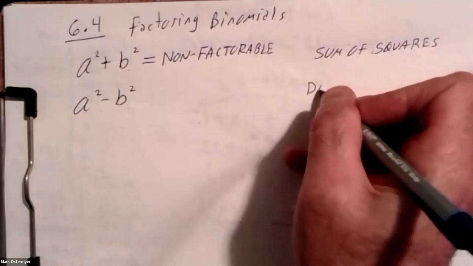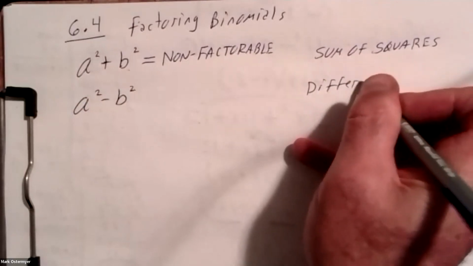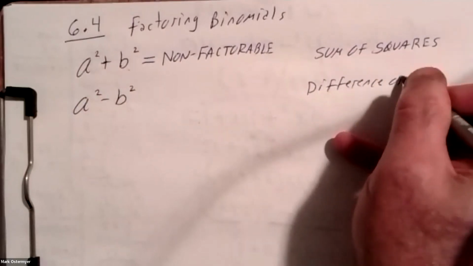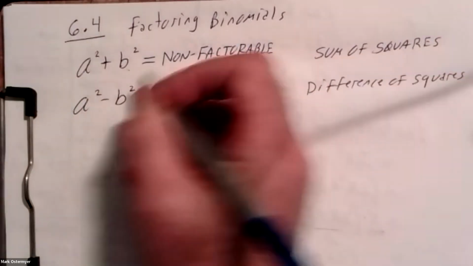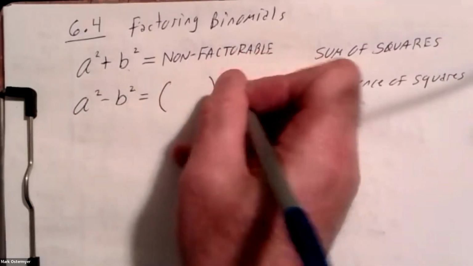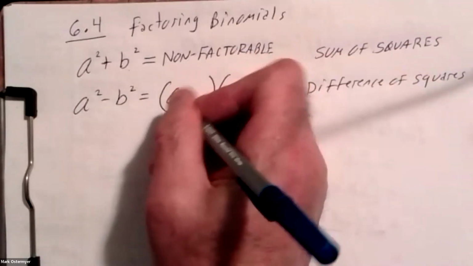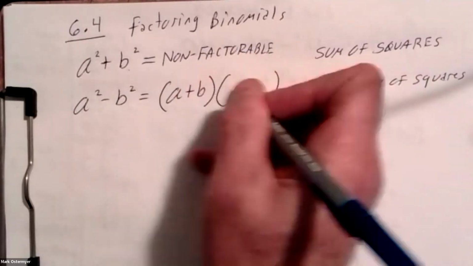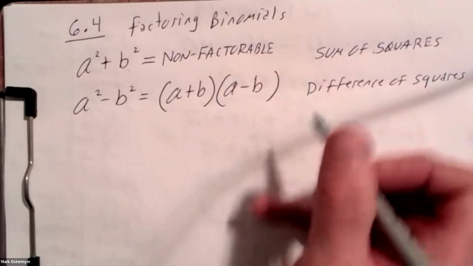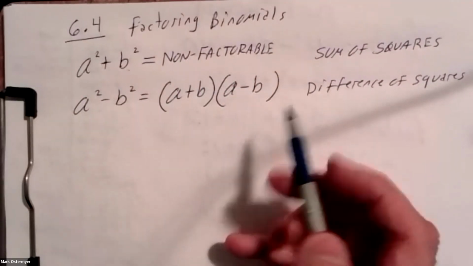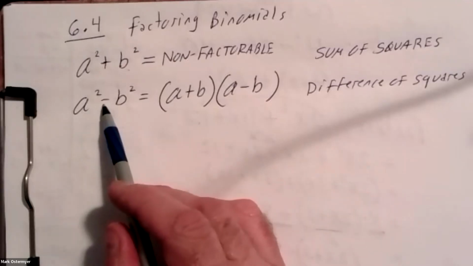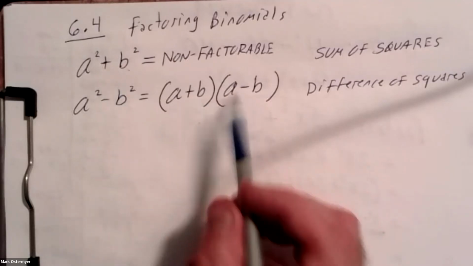Then we run into the difference between squares. This is called the difference of squares. And the difference between 2 squares factors into the product of these 2 binomials, a plus b times a minus b. Or you could have these switched around. You could have the a minus b here and the a plus b here. This is how you always factor the difference between 2 perfect squares.